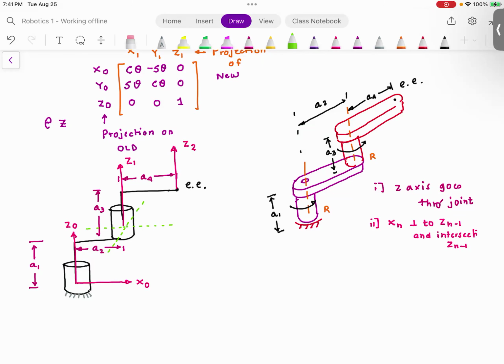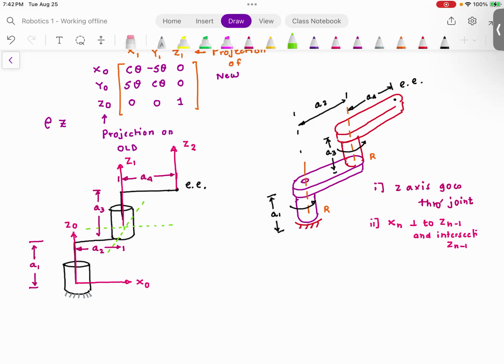And now the question is, where would you draw X1? Now please try to understand. If I draw X1 here, or if I draw X1 here, do you agree with me that this X1 will be perpendicular to Z0, but will not intersect Z0? Why?